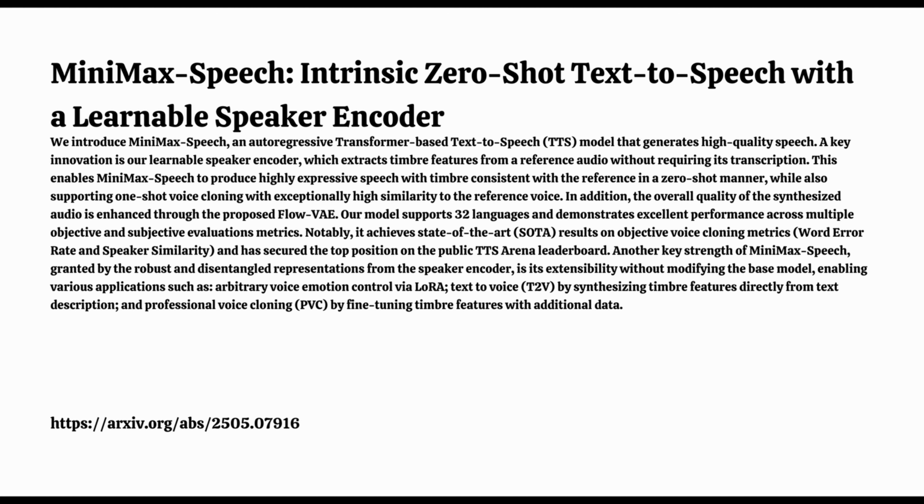The paper also talks quite a bit about audio quality, mentioning something called Flow-VAE. What's that about? Flow-VAE, yes. They present it as an enhancement over standard variational autoencoders, or VAEs. VAEs are pretty common in generative models, right, for learning representations? They are. The idea here, as I understand it, is that the Flow-VAE combines the VAE structure with normalizing flows.